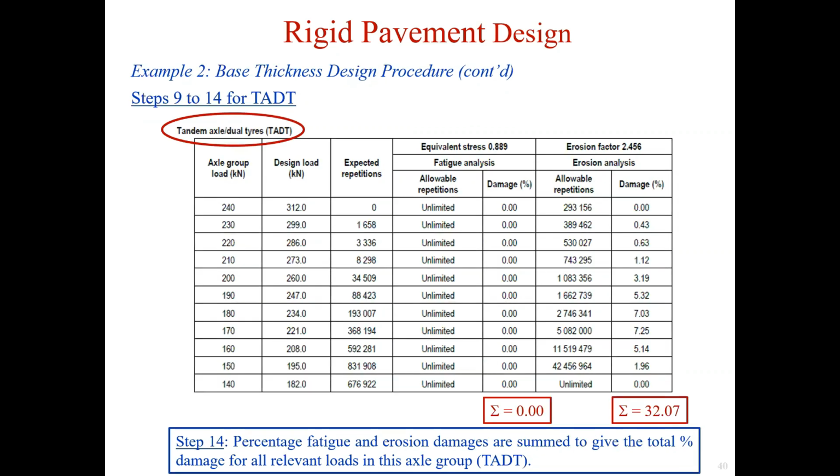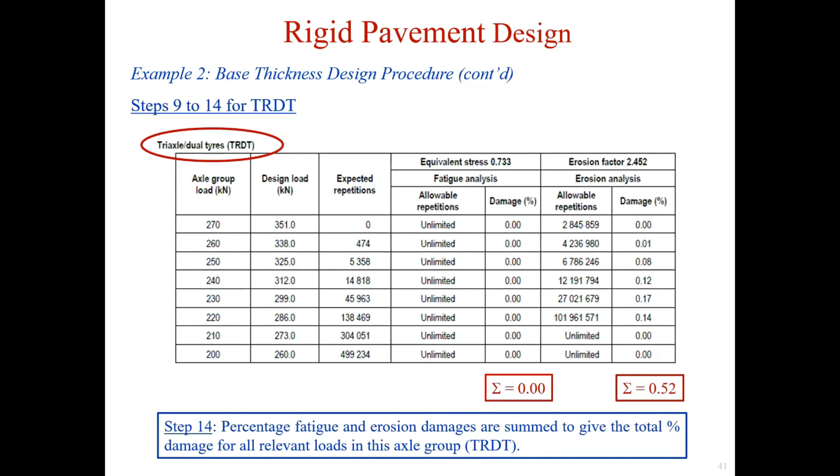Similarly, the data for axial group DADT is shown in this table, and the total percentage of fatigue and erosion damage are summed as 0% and 32.07%. The data for triaxial with dual tires TRDT is shown in this table.